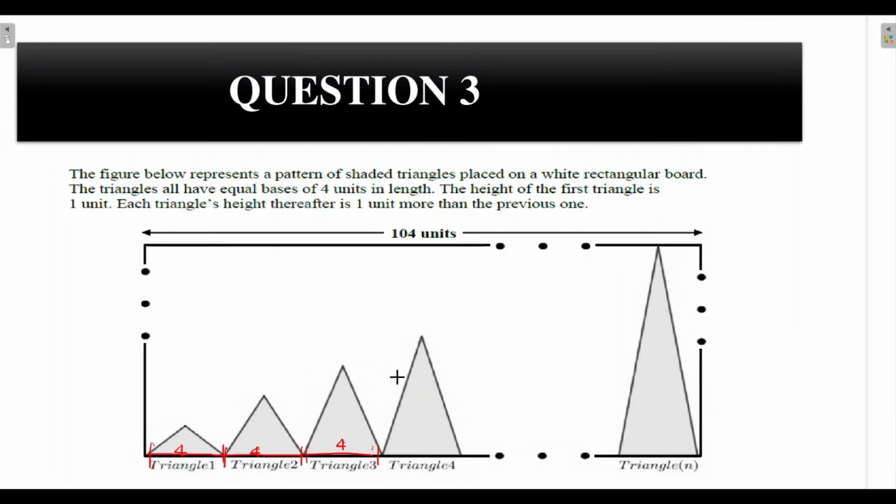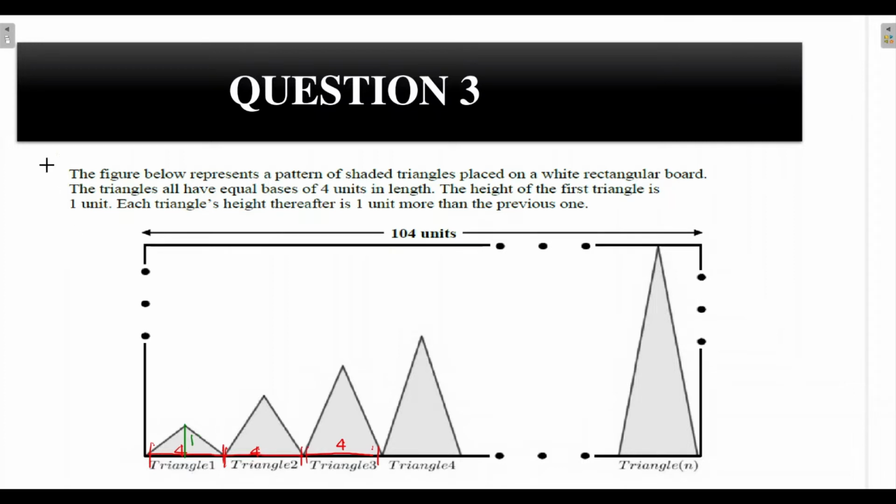And we are told that the height of the first triangle is 1 unit. So the height of this first triangle is 1 unit. And each triangle's height thereafter is 1 unit more than the previous one. So the height of the next triangle needs to be 1 unit more than the previous triangle.